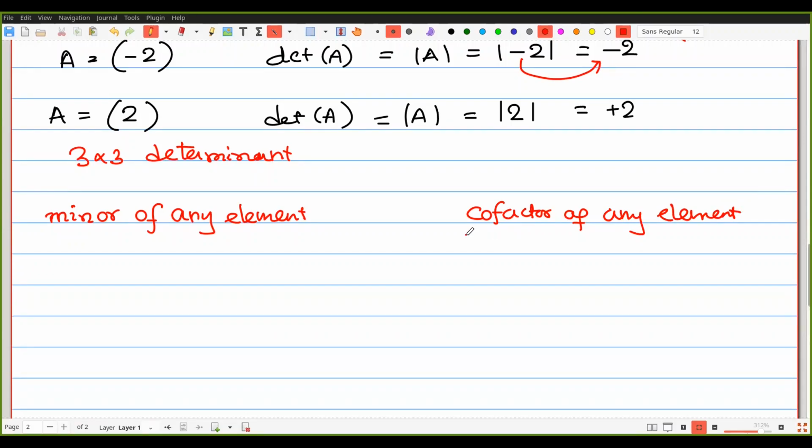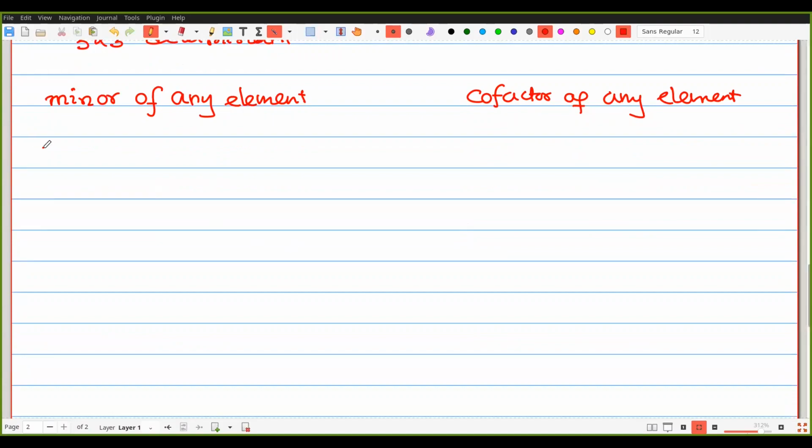So the very first one, what is a minor? Suppose we have a 3 cross 3 determinant, and we write 1, 2, 3, 4, 5, 6, 7, 8, 9. Always remember, for each and every element present in the determinant, there is a minor.